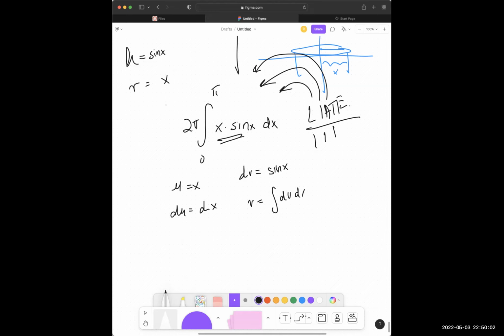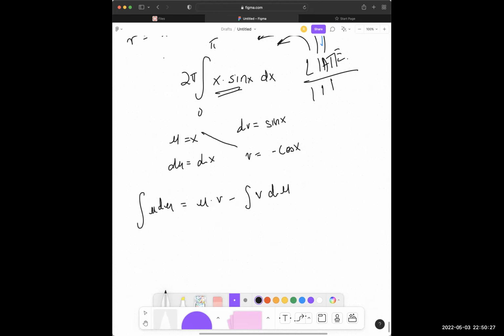Now, what is the integral of dv? That's just me saying what's the integral of sine of x. And what's the integral of sine of x? The integral of sine of x is negative cosine of x. So v is actually negative cosine of x. And then we have this rule, the integral of u dv equals u times v minus the integral of v with respect to du.